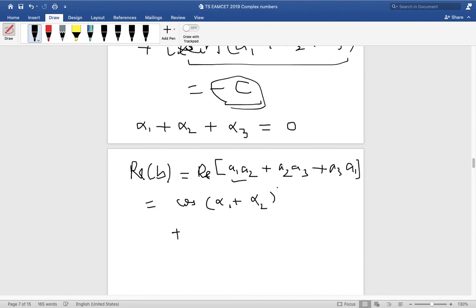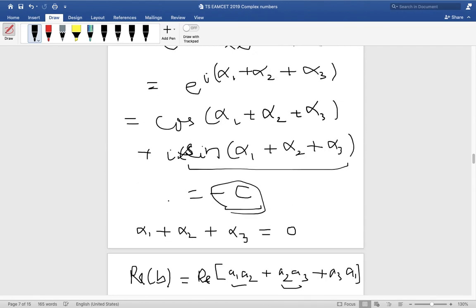What will be the real part of this? Cos of alpha 2 plus alpha 3 plus cos of alpha 3 plus alpha 1. Now we know that alpha 1 plus alpha 2 plus alpha 3 is 0.